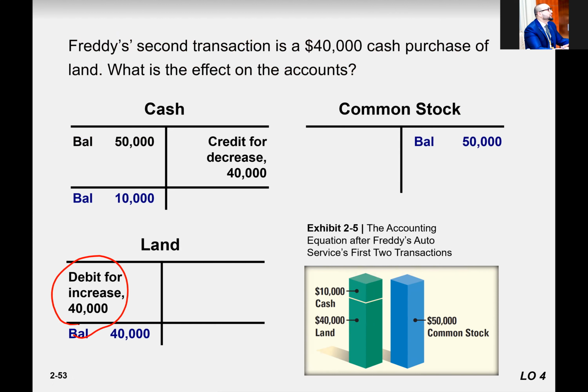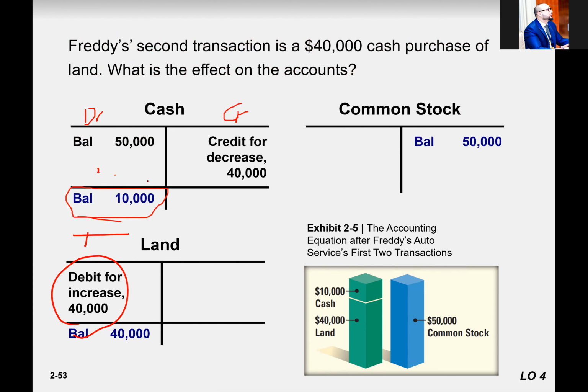And then we come to something different, which is the balance. Normally we would just add it, so here it should be 50,000. No. This balance is how much the debit side is greater than the credit side.